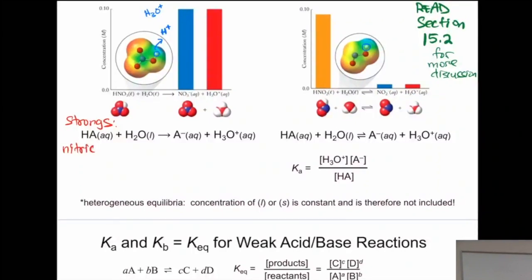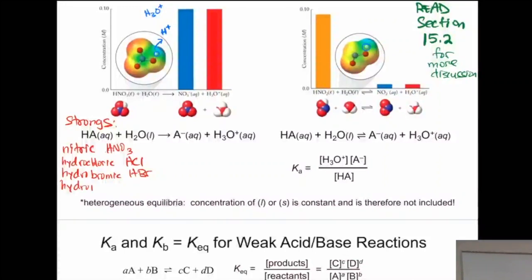Nitric acid, which is HNO3. There's hydrochloric acid, which is HCl. There's hydrobromic acid, which is HBr.